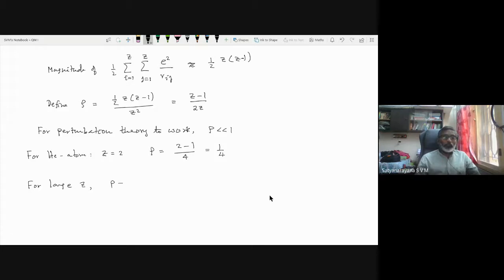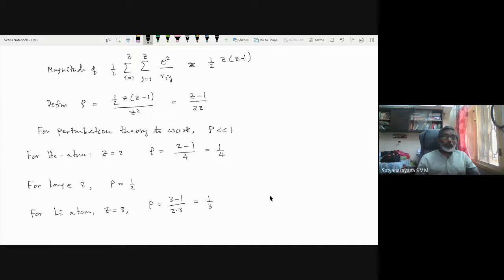So rho is equal to half. And for example, for the lithium atom, where z is equal to 3, rho is equal to 3 minus 1 divided by 2 into 3, so that is equal to 1 by 3.